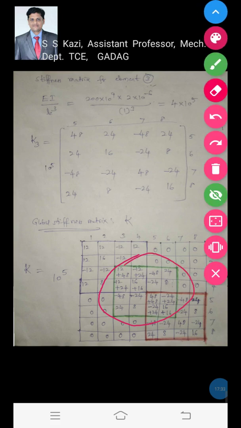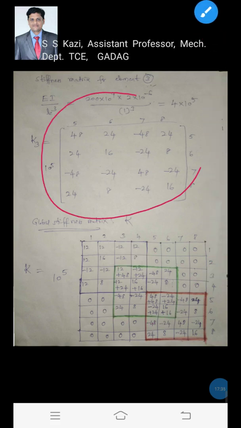And next come to the 5 6 7 8, these terms have to be transferred into this. Here I have shown the brown color border. Here also you can observe these are the 4 terms which are available in both the matrices, that is element 2 and element 3, K2 and K3.